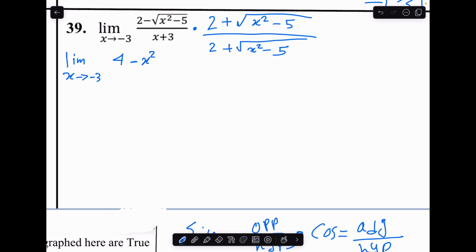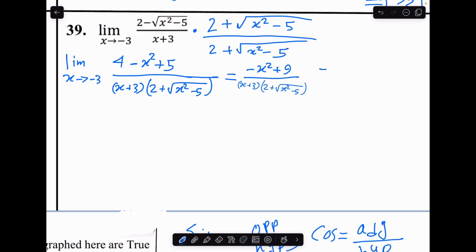So negative x squared minus 5 is positive 5, over x plus 3 multiplied 2 plus square root of x squared minus 5. Negative x squared plus 4 plus 5 is equal to negative x squared plus 9.